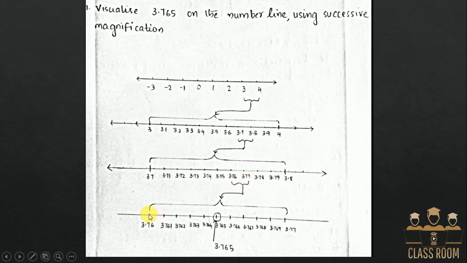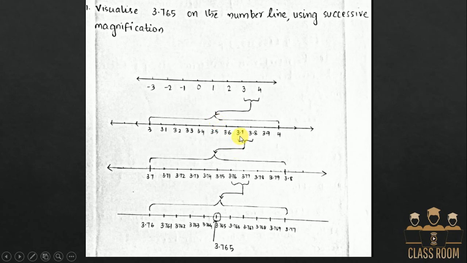The first end is 3.76, here 3.77, and in between 3.761, 3.762, 3.763, 3.764, 3.765, 3.766, 3.767, 3.768, 3.769 and 3.77. So this is our number 3.765.